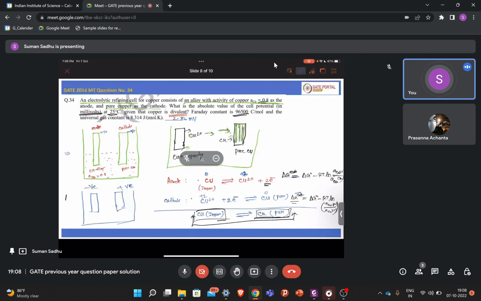In GATE you have to approach like this: first solve the questions you are confident about quickly, and for questions you are not as confident about but know the concept, you can take some time.